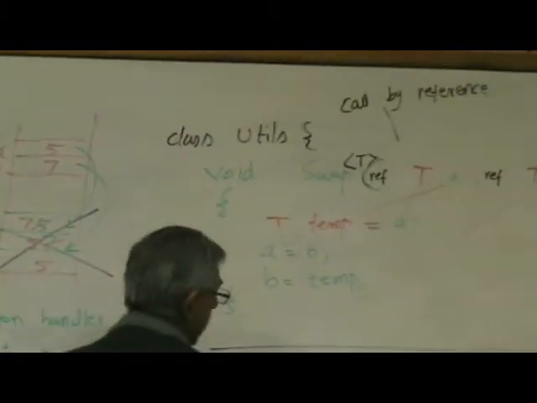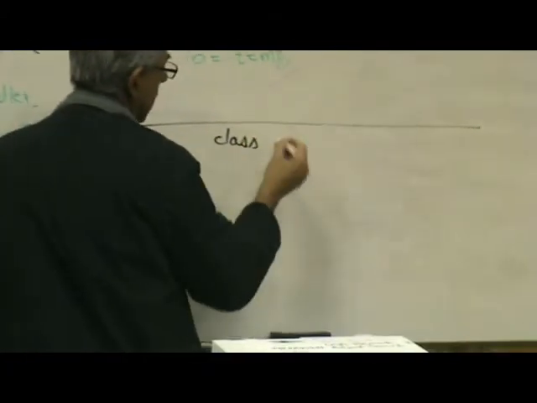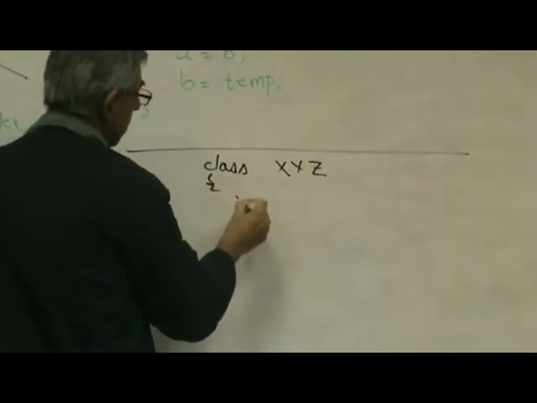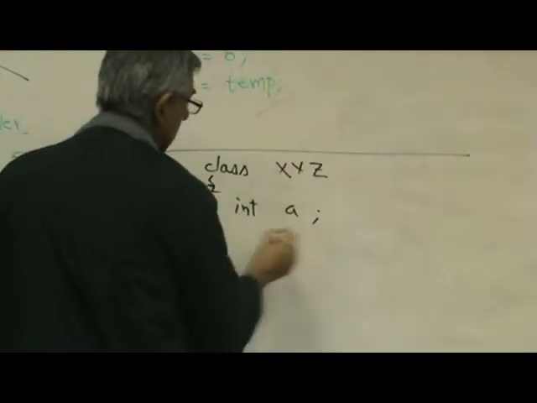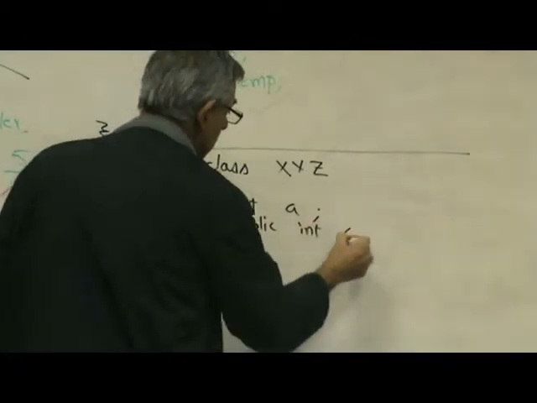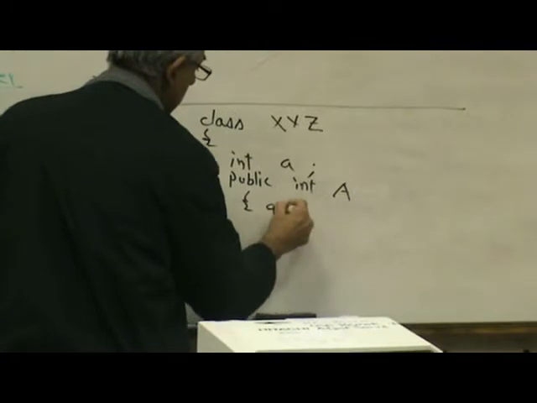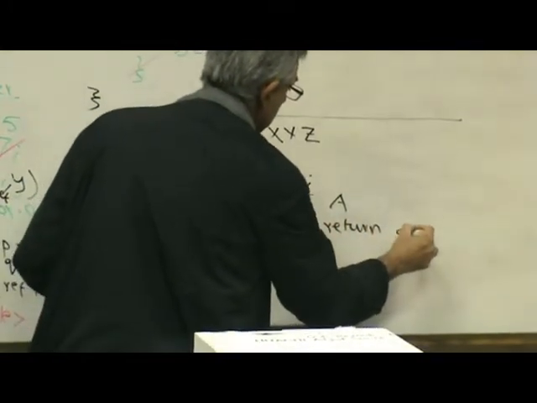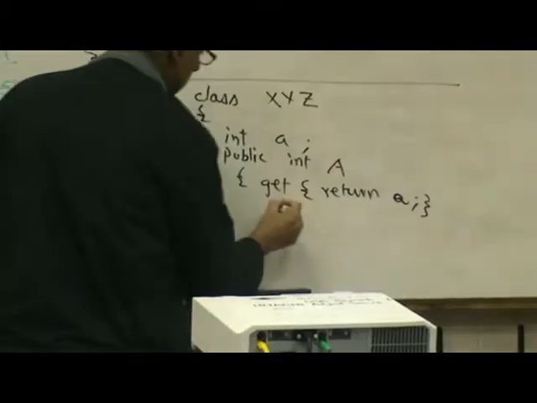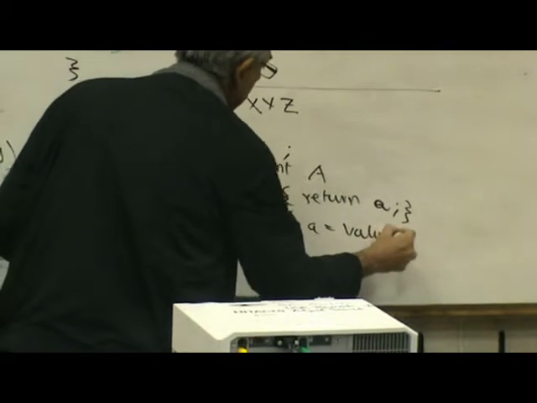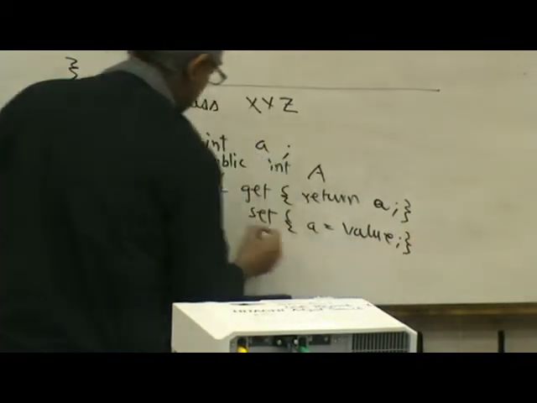Suppose you created some class XYZ. Suppose one of the data types is int A, then you wrote public int A, get, return A, set, A equal to value, right?